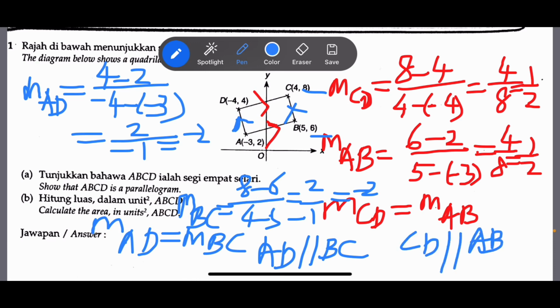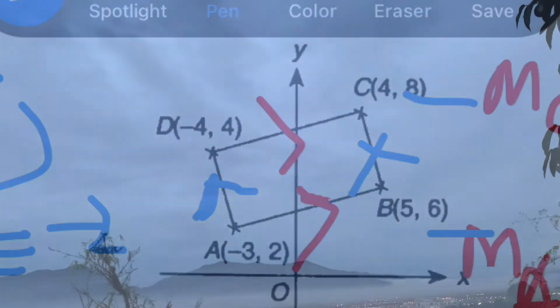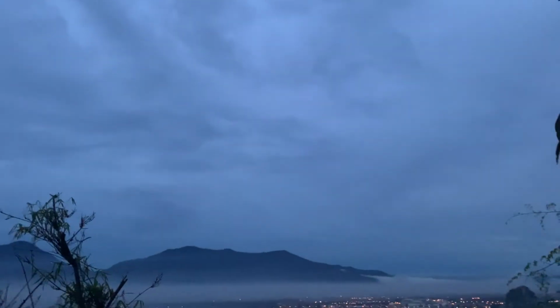So these two lines are parallel. So hence we can conclude that this is a parallelogram because it actually has two pairs of sides which are parallel to each other. Alright, so that is how you show that the parallelogram has two pairs of sides which are parallel to each other.